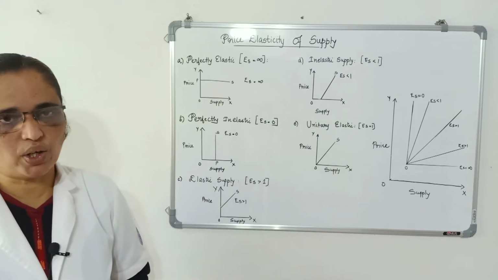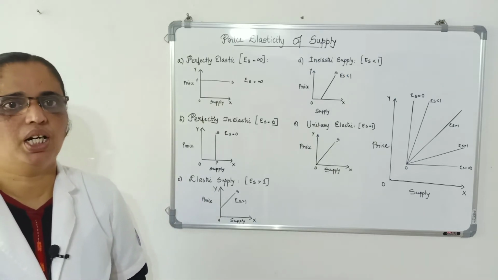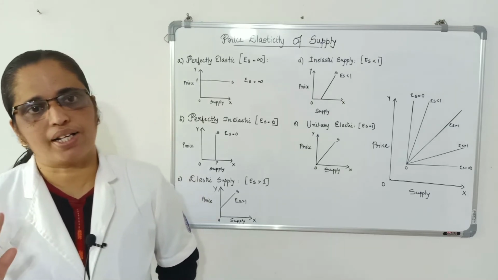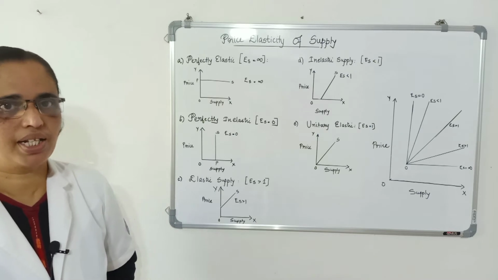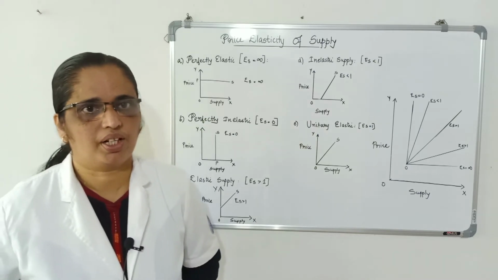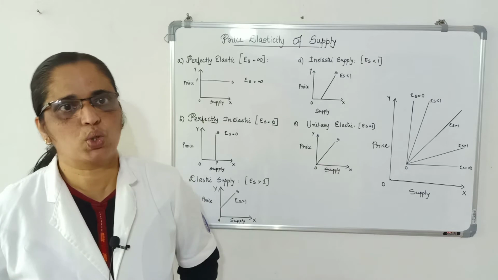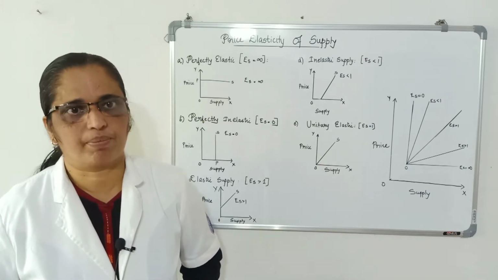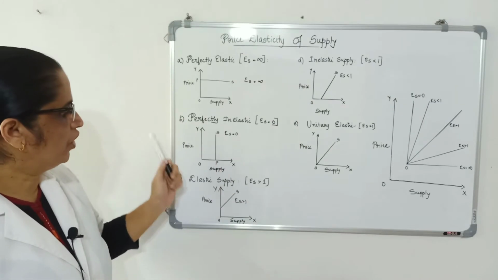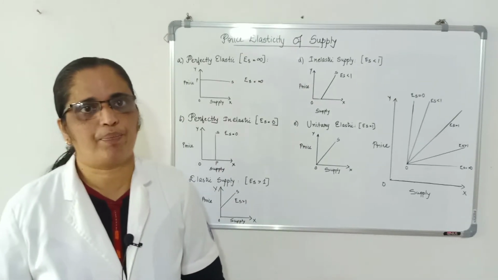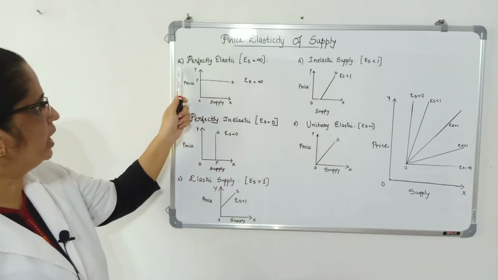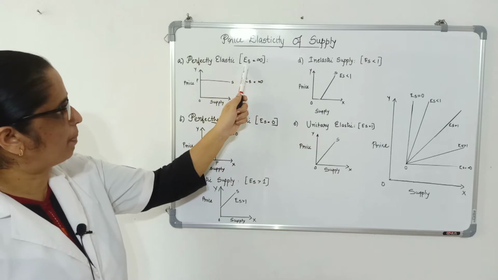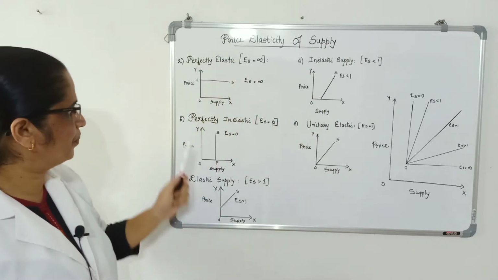Based on the degree of responsiveness of supply to change in price, we have 5 types of elasticity of supply, just like the 5 types of elasticity of demand that we already studied. What are they? Number 1, perfectly elastic supply, that is, elasticity of supply is equal to infinity.